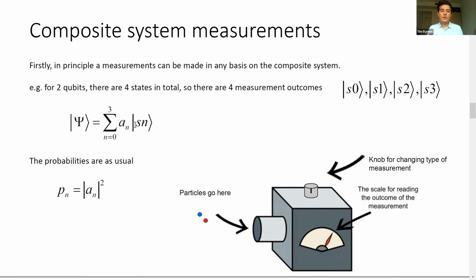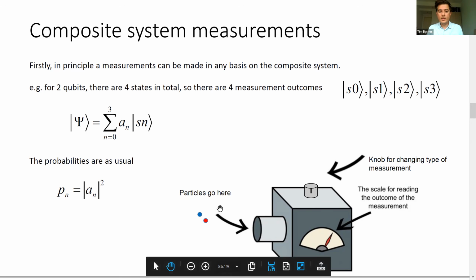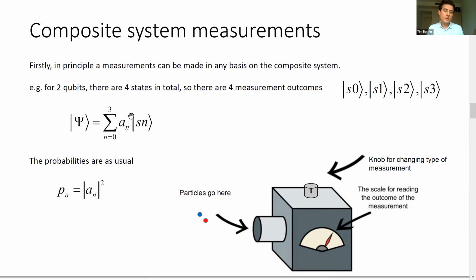And each one of those outcomes could be observable. We could think of it as sending in two particles here, and then there's some measurement. And this Sn could be in any basis. Remember, you can perform a measurement in any basis, and that's also possible when you do quantum measurements.